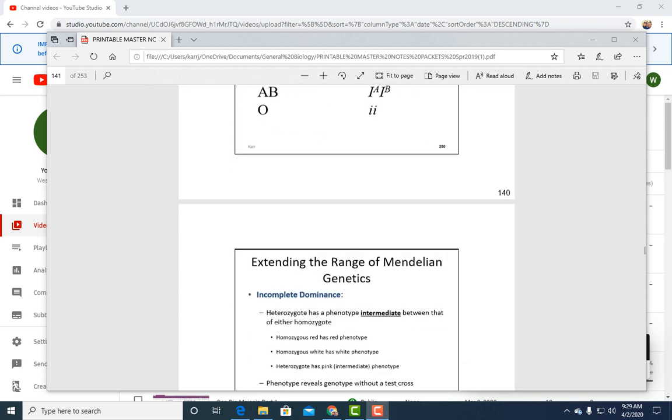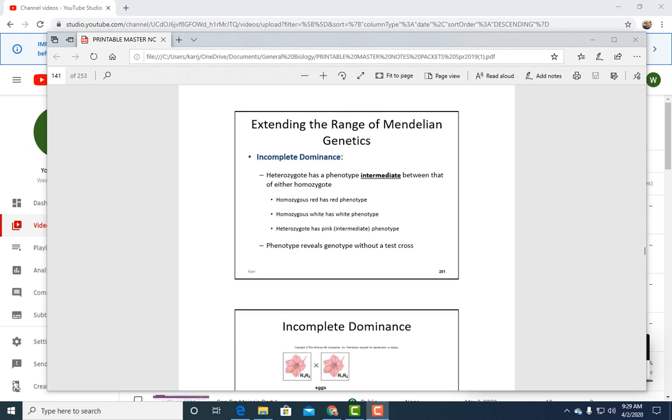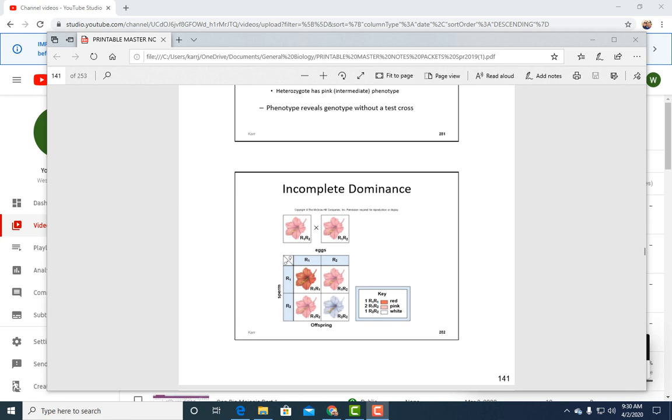So here's an example. We have a pink flower, and when we cross two pink flowers, incomplete dominance, they're looking at R1 and R2. I don't like the way this is expressed with the R1 and R2. I think that's confusing. But R1 is dominant and R2 is recessive. So these are two heterozygous individuals.